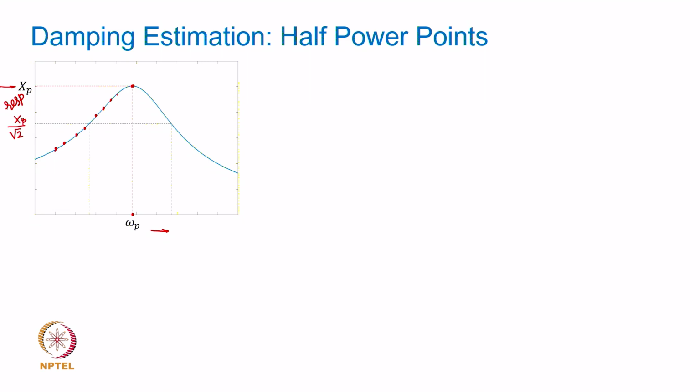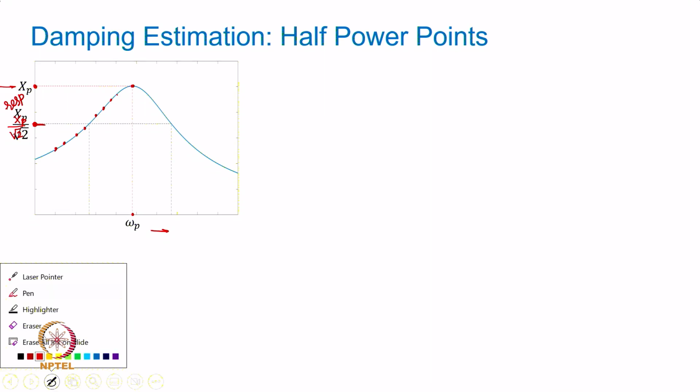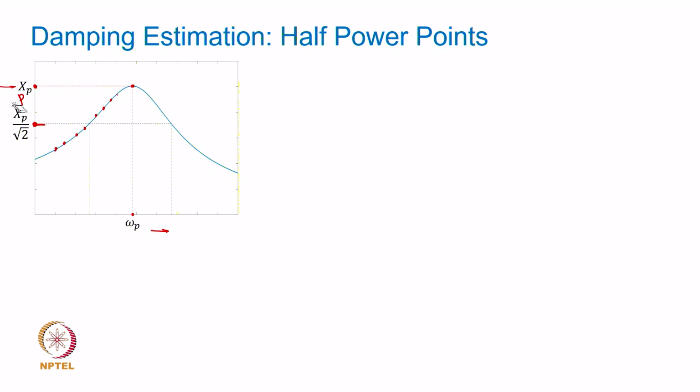So, this point which I locate would be by locating the amplitude which is 1 by square root of 2 times the xp value. This particular point is xp over square root of 2 and that value is called xh, the half power point. Once I locate this on the amplitude scale, I draw a horizontal line and locate these two frequencies.